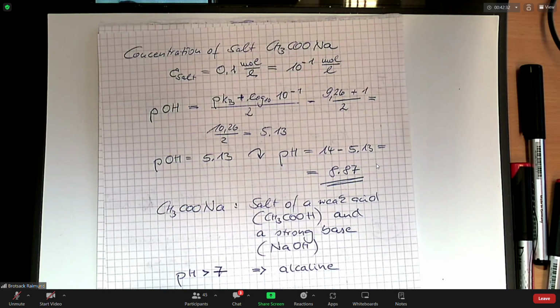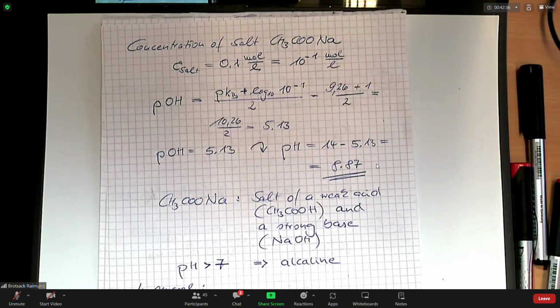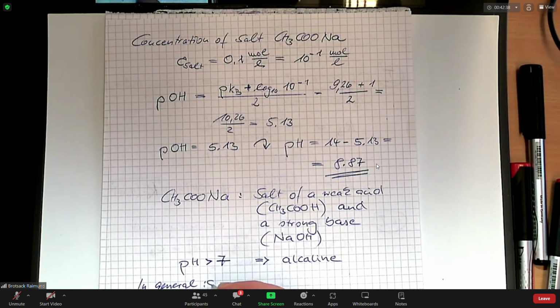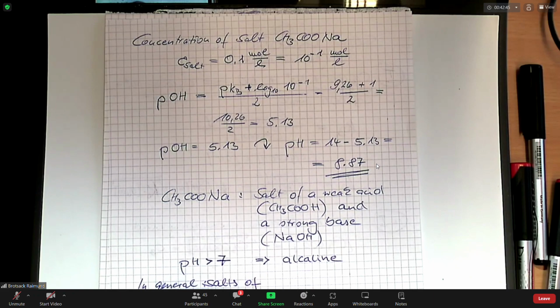So in general, salts of first a weak acid and strong base always lead to a pH level above 7.